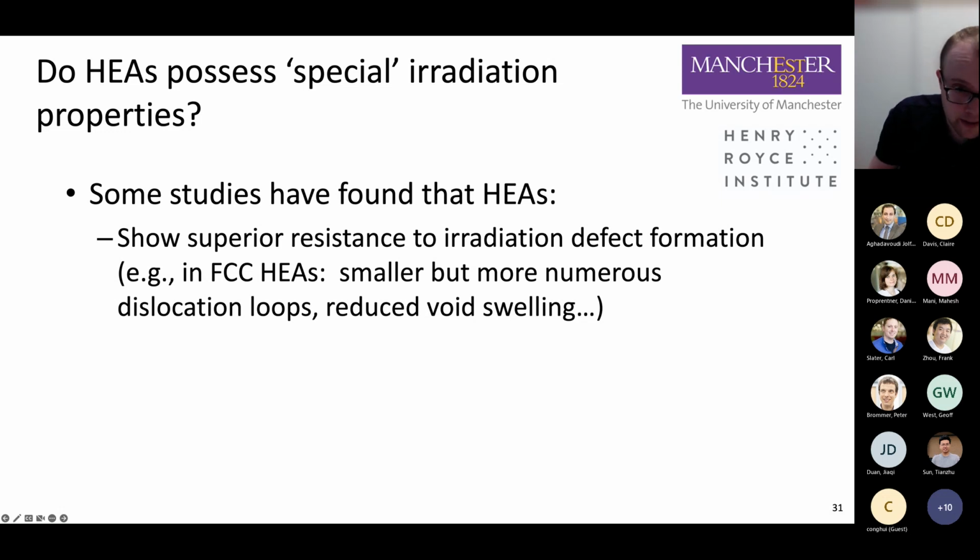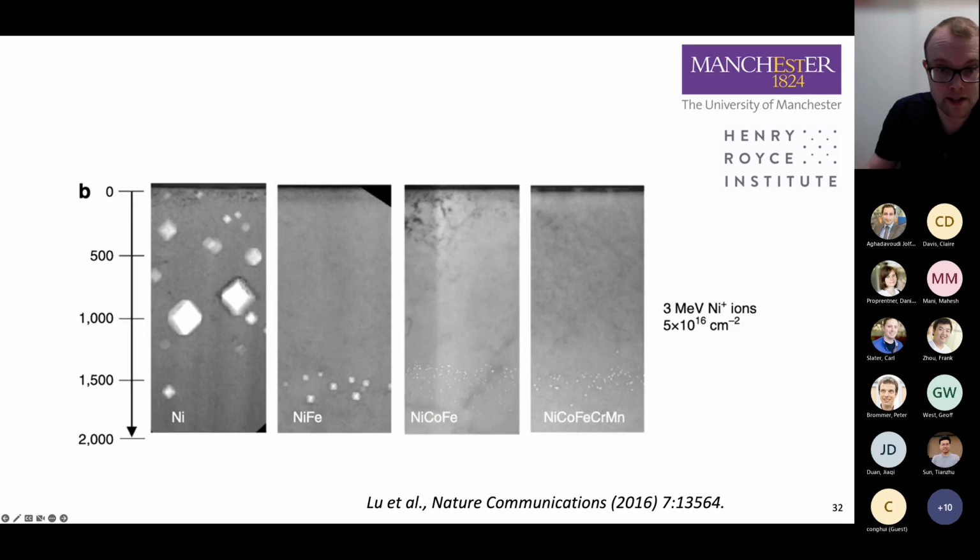So, for instance, in face-centered cubic high-entropy alloys, they form smaller but more numerous dislocation loops or reduced void swelling. And here's an example of that. We see that when we irradiate nickel versus when we add in more elements, the amount of voiding and the void swelling goes down significantly. Okay, so that's a very, very interesting result.